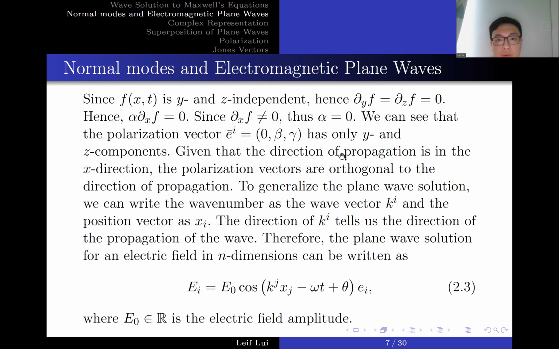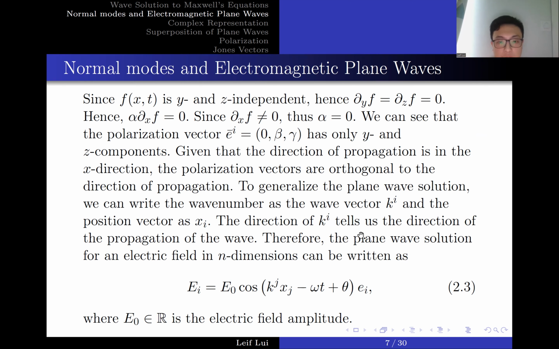So given that the direction of propagation is in the x direction, the polarization vector is orthogonal to the direction of propagation. And to generalize this for plane waves, we can write the wave number as the wave vector, k sub i, and the position vector as x sub i, and the wave vector tells us the direction of propagation of the wave.